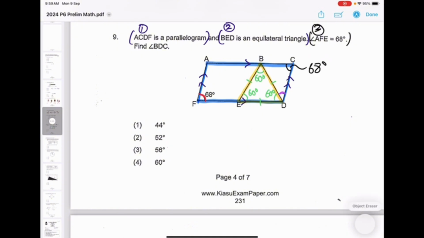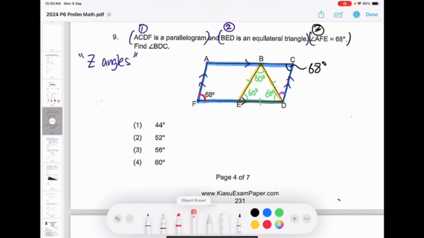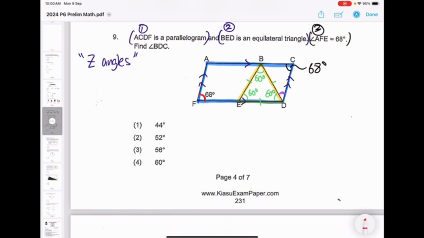Next, I want to use the concept that we call Z angles. Whenever we have a set of parallel lines and a line that intersects between the two of them, right over here, BC, BD, and ED, I know that the alternate angles are equal.